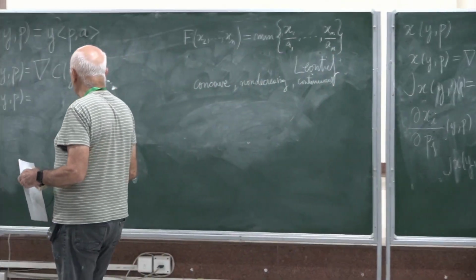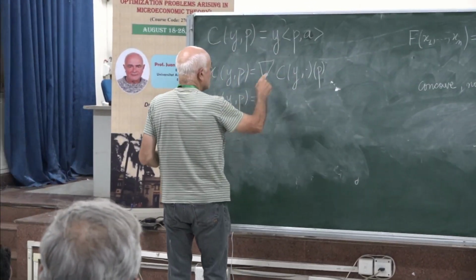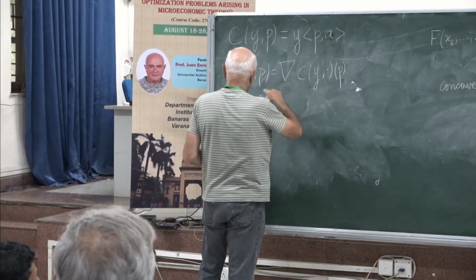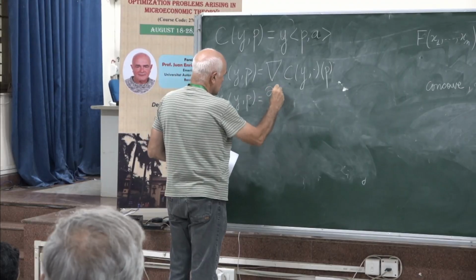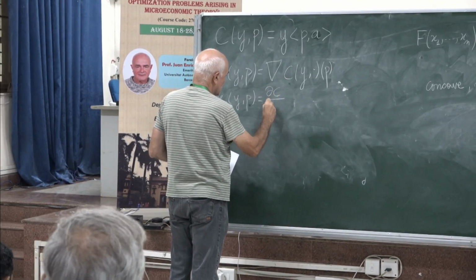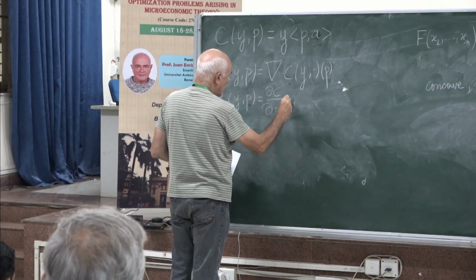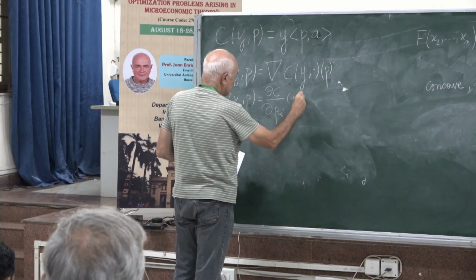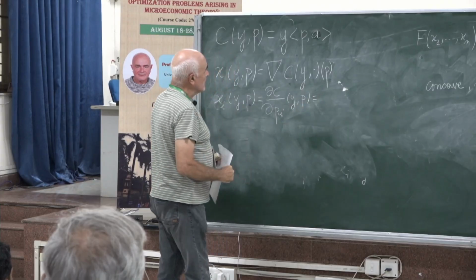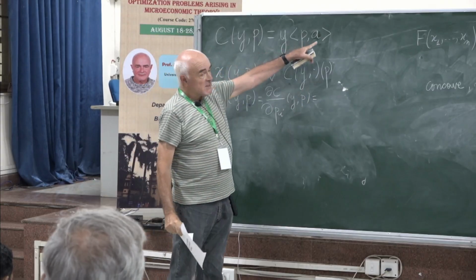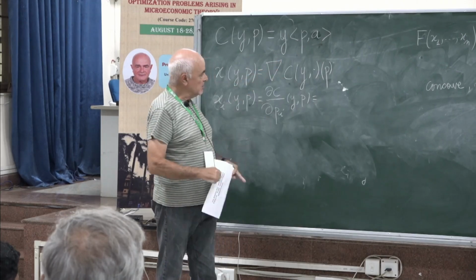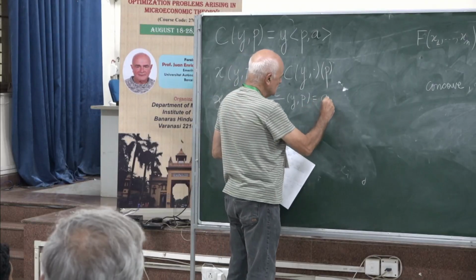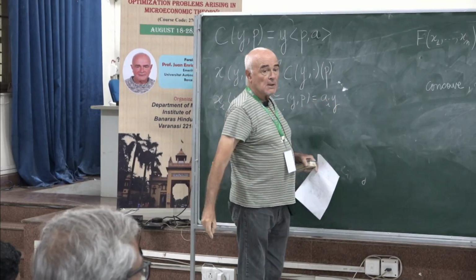So the derivative with respect to pi, so this is the partial derivative of C with respect to pi at y, p. The partial derivative of this sum is ai times y, as we had seen.